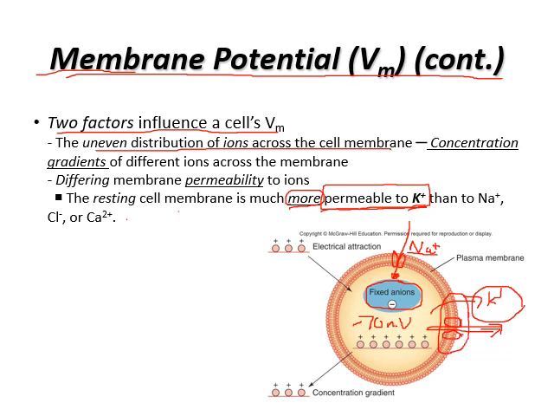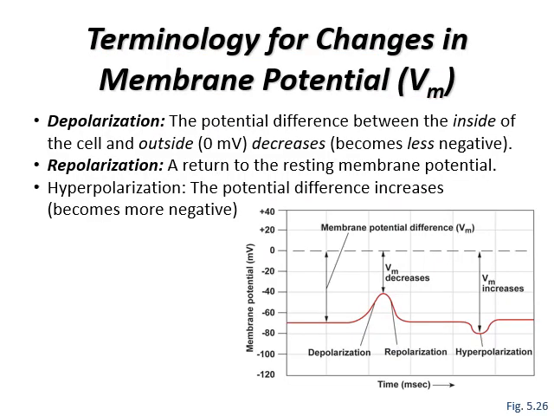Therefore, the cell is more permeable to allowing potassium out than sodium in. That is the one really main factor in drawing the membrane potential down to negative 70 millivolts. So now we see that at rest, the membrane potential is roughly around that negative 70 millivolts.